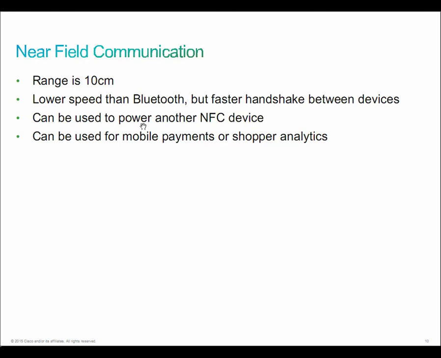Basically, near field communication is a set of communication protocols allowing two electronic devices, one typically a smartphone or some sort of mobile device, to establish communication by bringing them typically within 4 centimeters of each other. I know it says there's a 10 centimeter limitation, but it's typically about 4 centimeters.